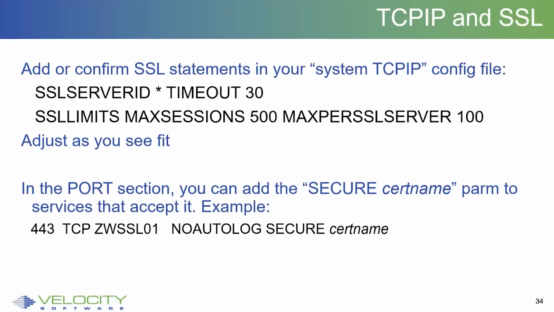There are two statements: SSL server ID, which defines the timeout, the amount of time that TCP/IP will wait to get a response from any SSL server, and the SSL limits of how many sessions maximum and per server that it will allow.